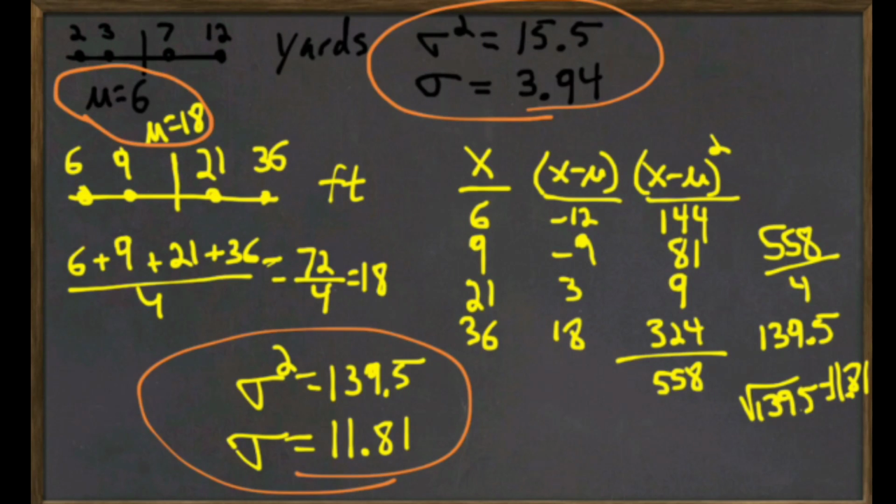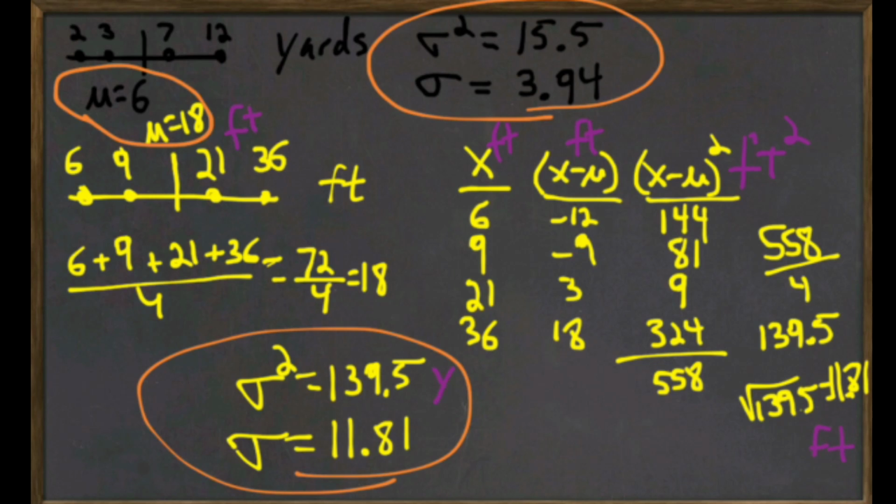Again, just walk through that again. Here we're in feet. Our x is in feet. Our deviations from the mean are in feet. When we square them, we become feet squared. And then it's not until we go back to taking the square root that here we return back to feet.